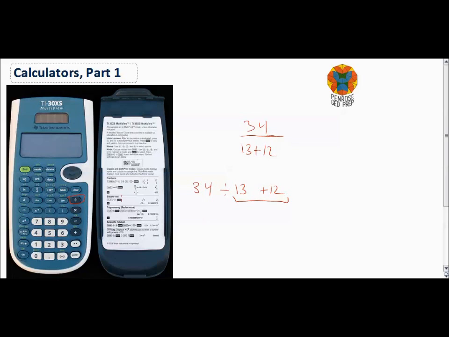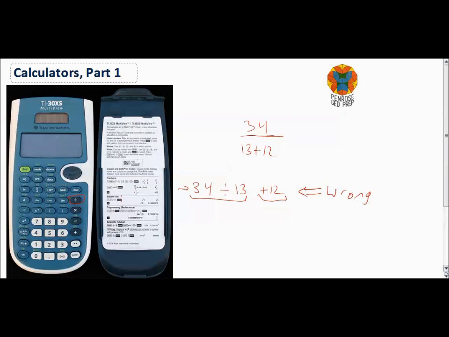But if you just type this in as is, that's not what the calculator is going to do. If the calculator sees this, it's going to divide 34 by 13 and then add 12 to that. And this will be wrong. So instead, we need to tell the calculator that we are dividing 34 by 13 plus 12 together.